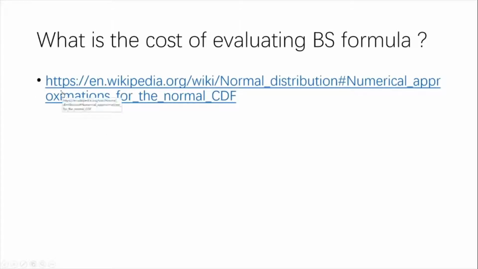From this Wikipedia page, you can see there are a lot of numerical methods to calculate the cumulative standard normal distribution function. Actually, there are various ways like numerical integration, Taylor series, asymptotic expansion, or continued fractions.